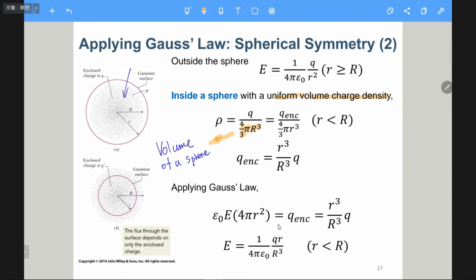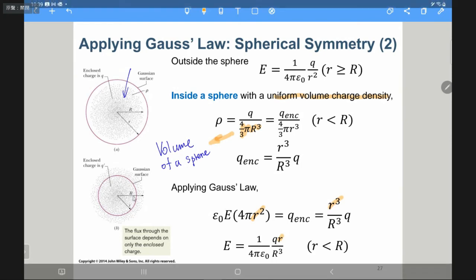And if we look at the extreme left and extreme right of this equation, we can see we have 4 pi epsilon naught here. And then r squared and r cubed can be partly cancelled. So we have r here, and then we have capital R cubed, and then Q here, like this.